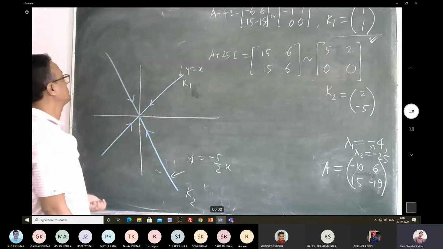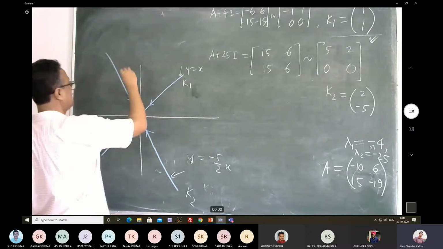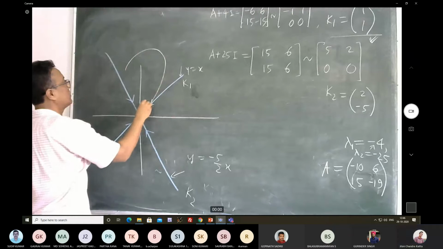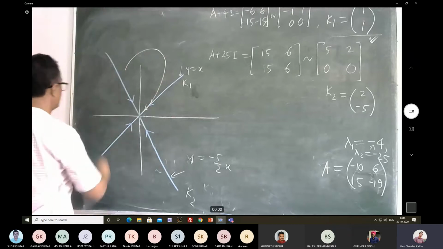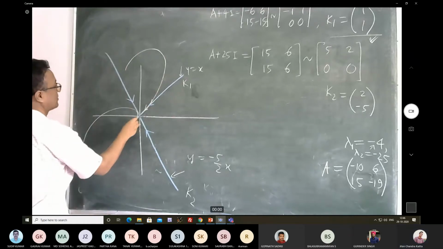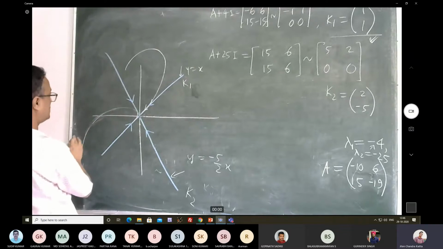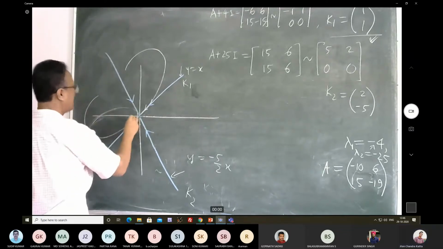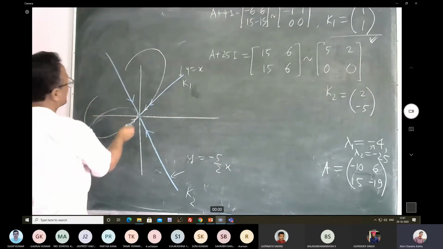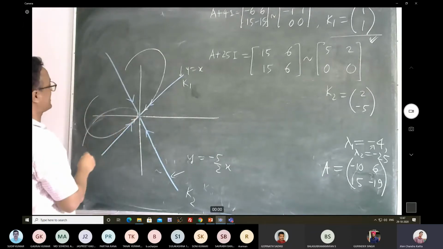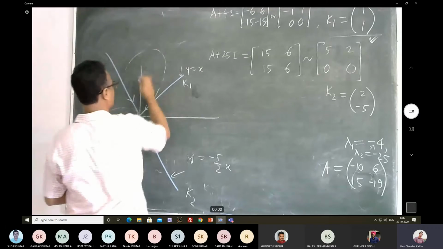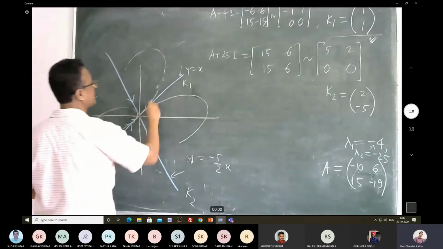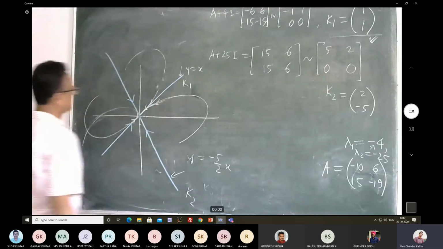Is it okay? Fine. So it will be something like this. I mean, it may be something like this, right? It should be such that it spirals like that. I should draw it something like this.